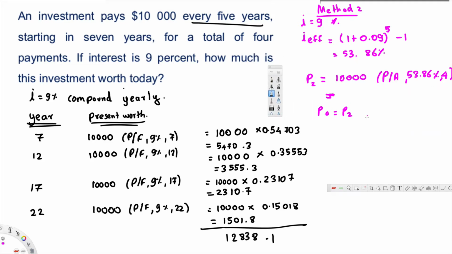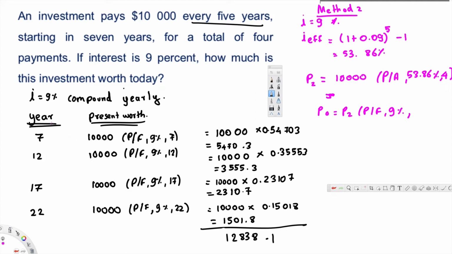P0 is P2 times P over F at 9% for 2 years.